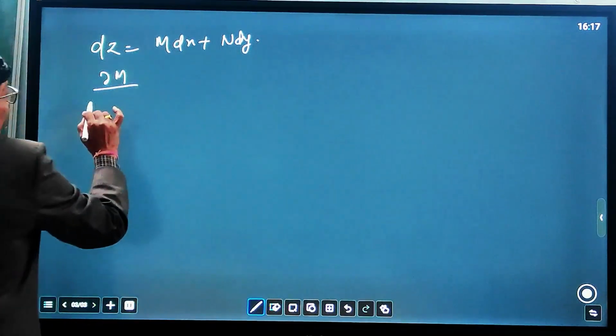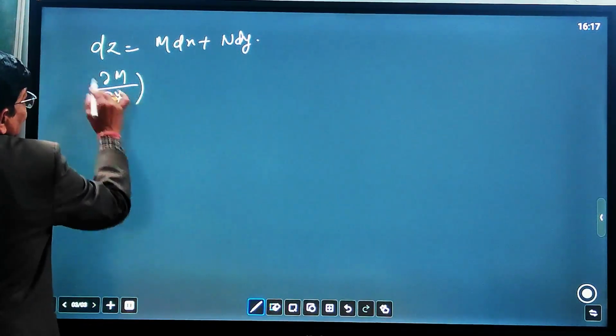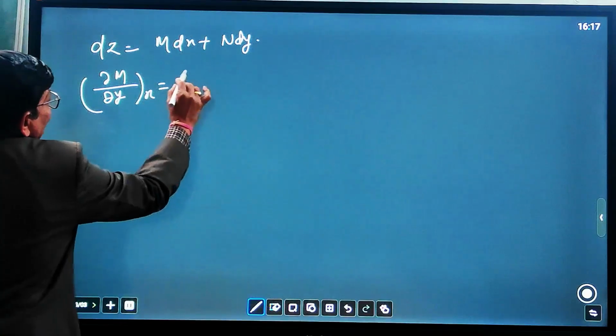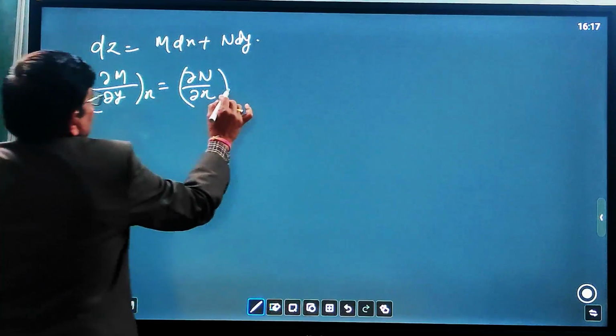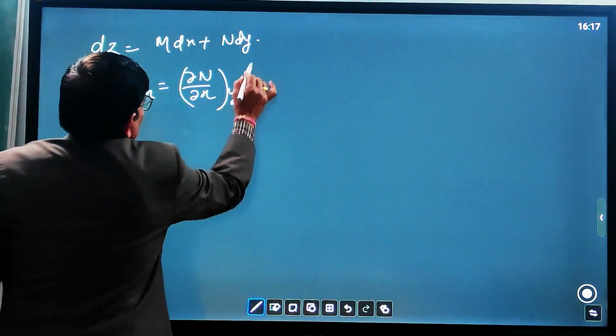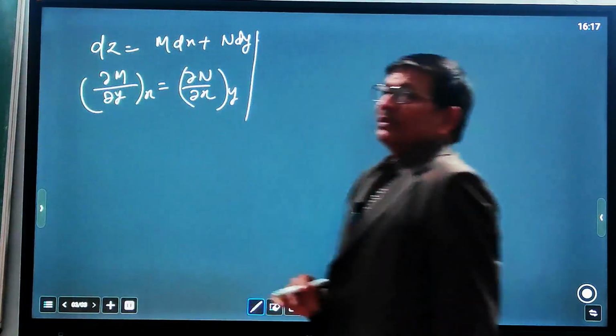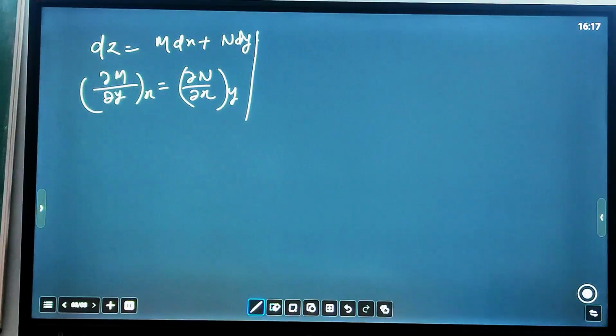del M over del y at constant x equal to del N over del x at constant y. This relation we use for derivation of the Maxwell relations.